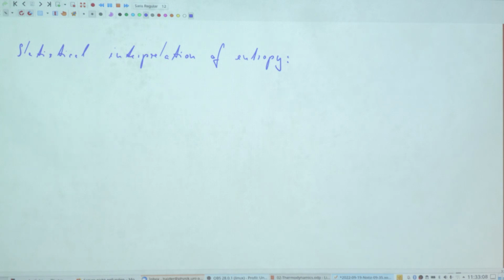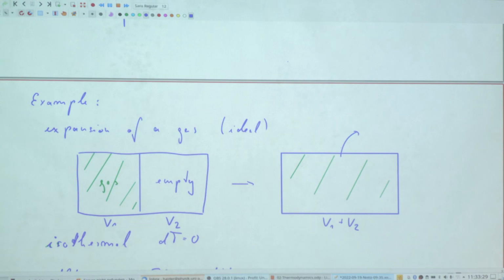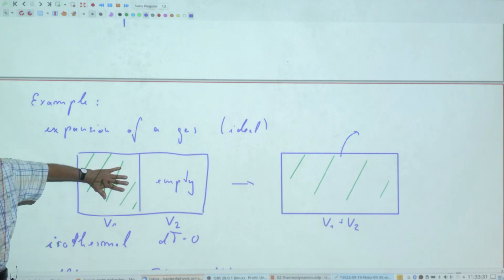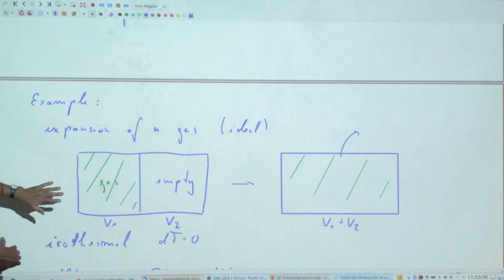Basically, we already saw it in this example of the gas which expands. If we look at it from another point of view, we can say if we expand this gas, we lose some information. Before, in the first situation, we know all gas molecules are sitting on this side, left or right depending on from which side I look.